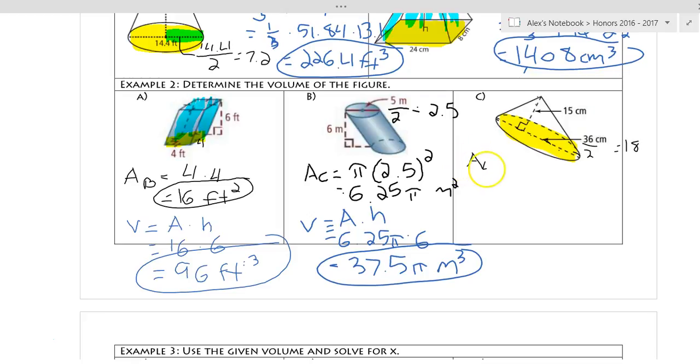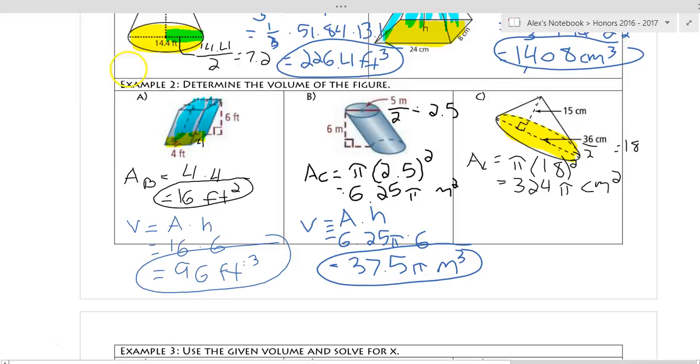So the area of that circle equals pi times 18 squared. I don't care that this part isn't over the middle. All of these are slightly off center, slanted one way or the other, so that doesn't affect anything. It's still a circle. So my area is 324 pi centimeters squared.